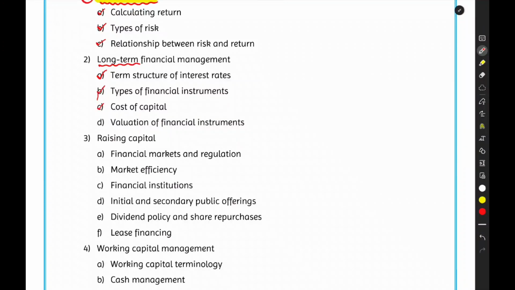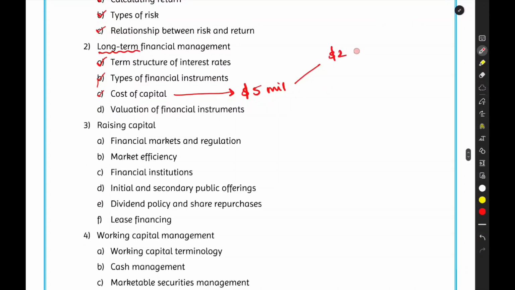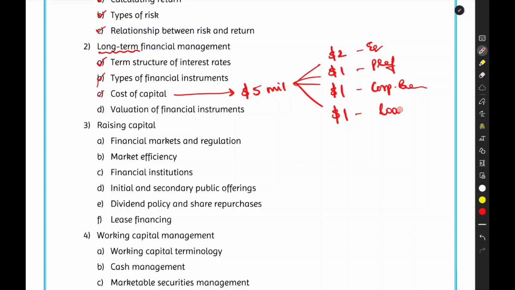When a company gets funds from different sources, let's say we require $5 million for a project. Out of this $5 million, I got 2 million from equity, 1 million from preference, 1 million from corporate bonds, and I took a 1 million loan.